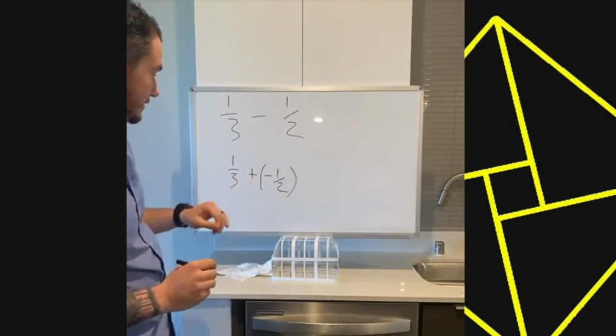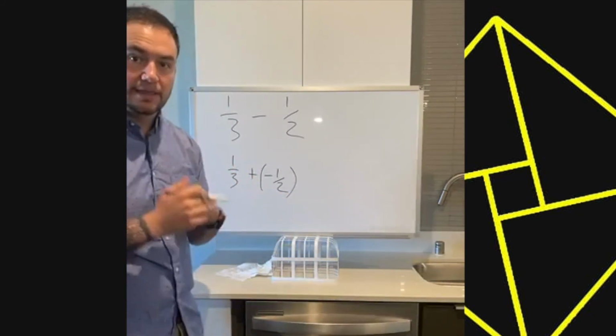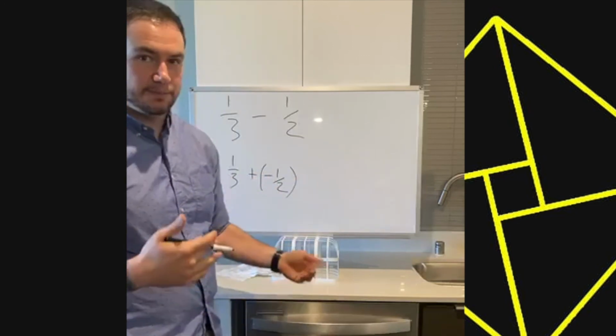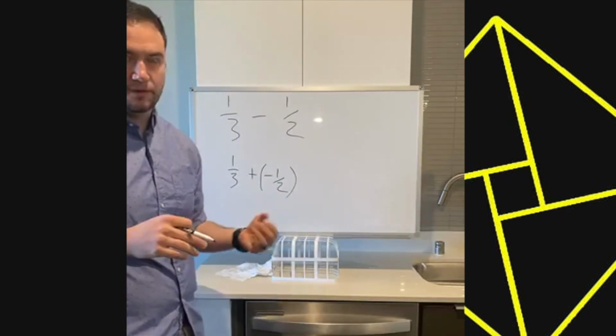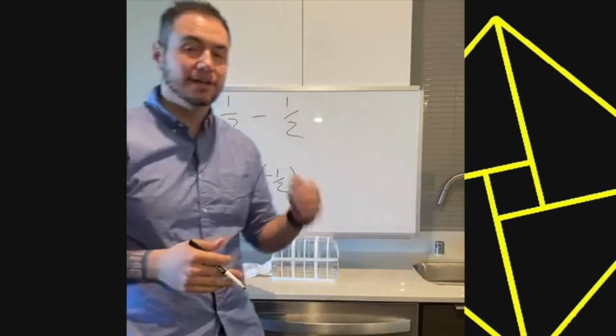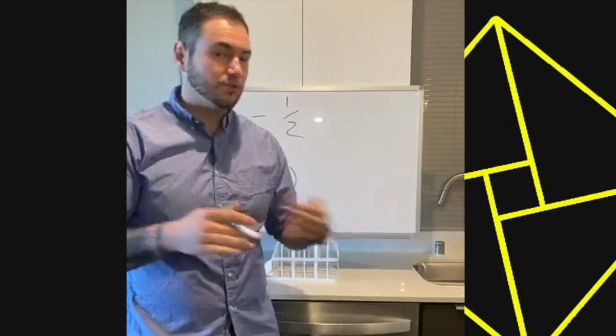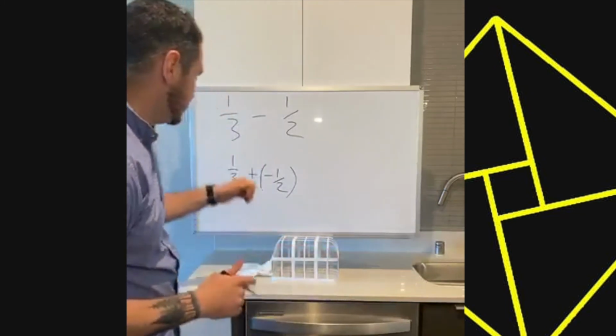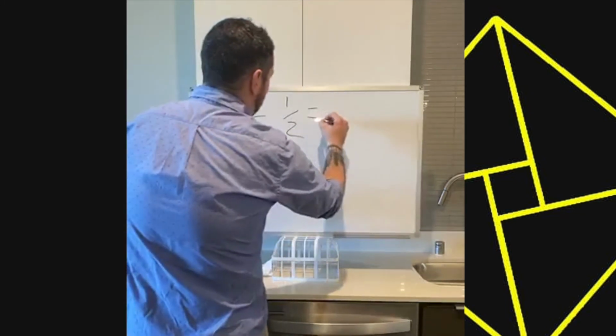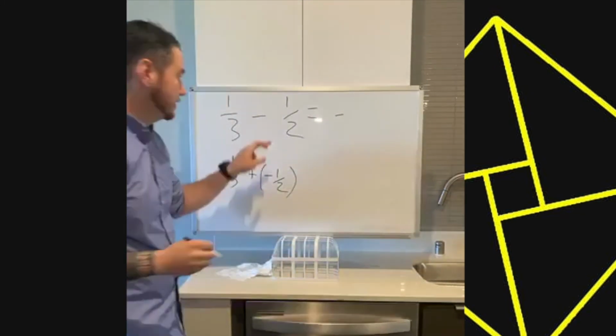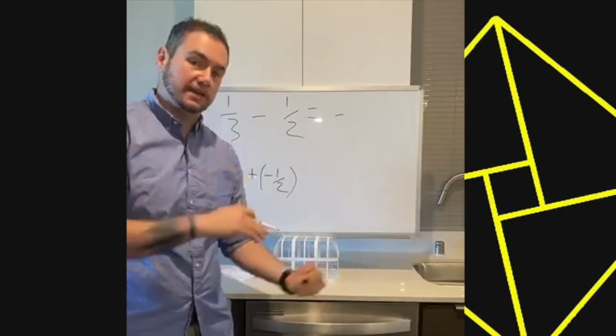So 1/3 plus -1/2, we see these don't get along, and that's when you have to know which one's bigger. What's bigger? 1 out of 3? If I cut a pizza into 3 pieces and eat one of those, or if I cut a pizza in half and eat one of those, which one's bigger? The half's gonna be bigger. So I know my result is going to be a negative number because we're taking away into the negative territory.